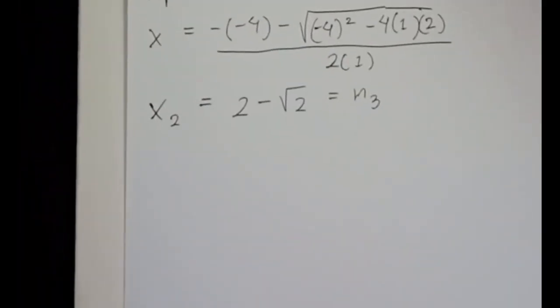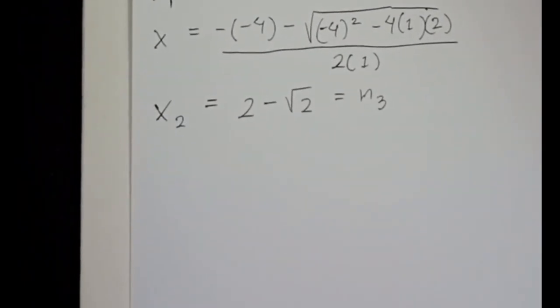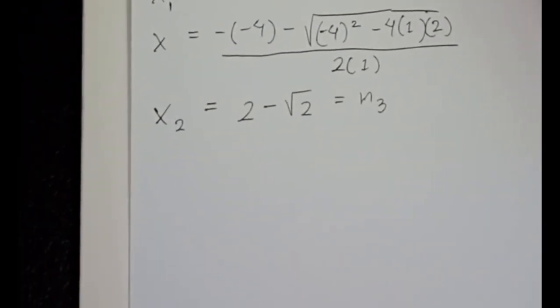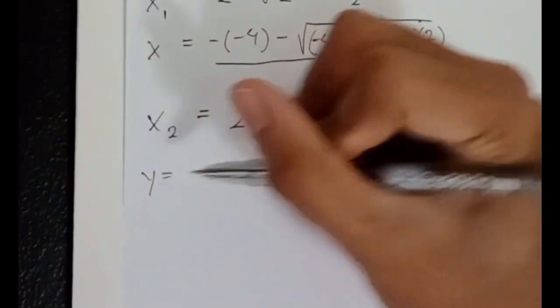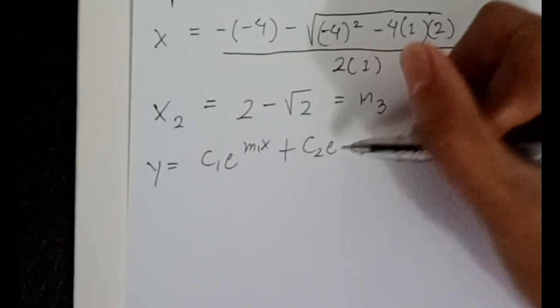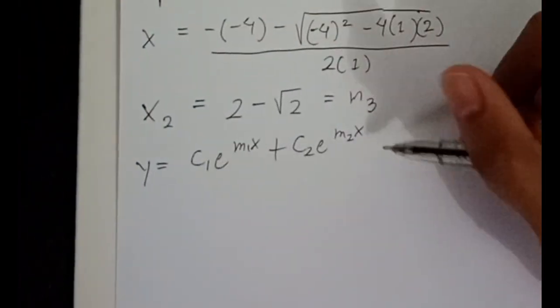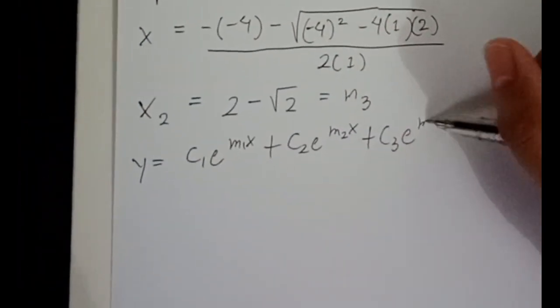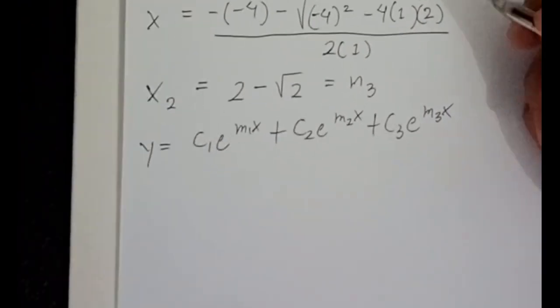Now that we have all our roots, the answer of an auxiliary equation with distinct roots is written in the form y equals c sub 1 e raised to m sub 1 x plus c sub 2 e raised to m sub 2 x plus c sub 3 e raised to m sub 3 x.